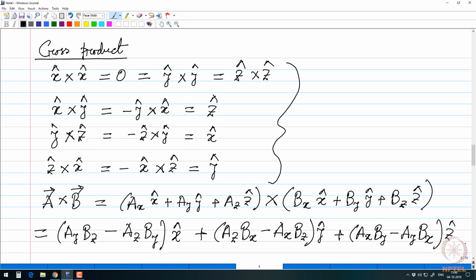Now this expression, the way we have performed cross product is by going through the relations we have set above, but there is a better way to remember it and represent it in a compact form, that's by making a determinant. So the cross product can be written in a determinant form as follows.